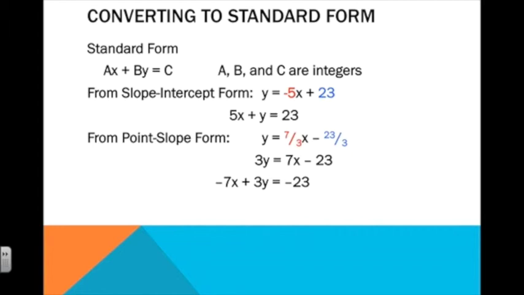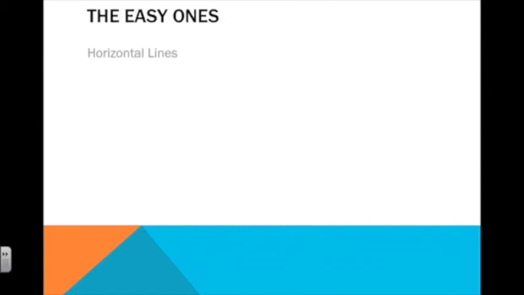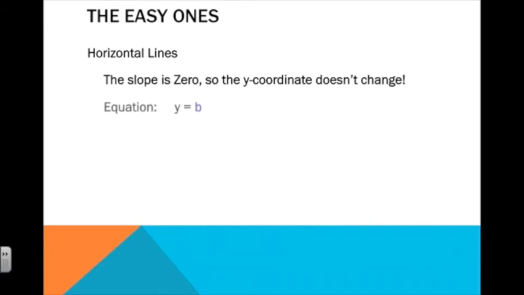So we have looked at finding equations using slope-intercept form, finding equations using point-slope form, but there are 2 special cases that are actually really easy if we recognize them. So let's look at the easy ones. Horizontal lines have a slope of 0, as we've seen in our lesson on slope.